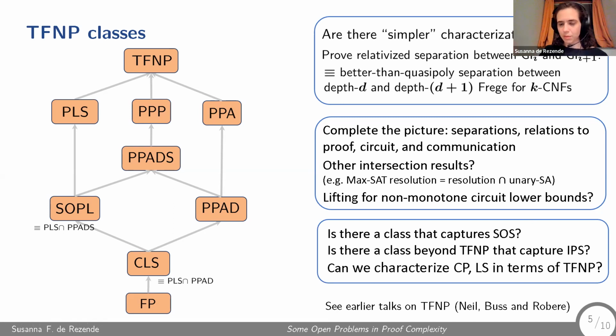Perhaps beyond TFNP, we can have a class that captures IPS. There are also others that seem hard to characterize within TFNP, like cutting planes or Lovász-Schrijver. So these are some of the open questions here.